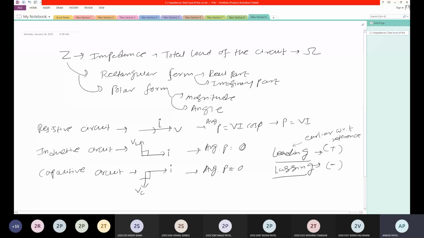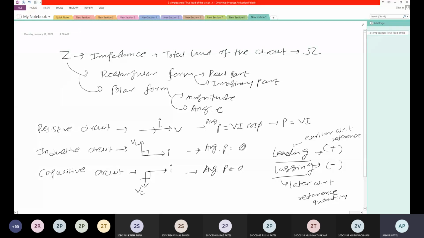Lagging quantity means when an alternating quantity attains its zero and maximum value later with respect to a reference quantity. The reference is starting from 0 to 360, that is your reference quantity. So this is the leading and lagging quantity.